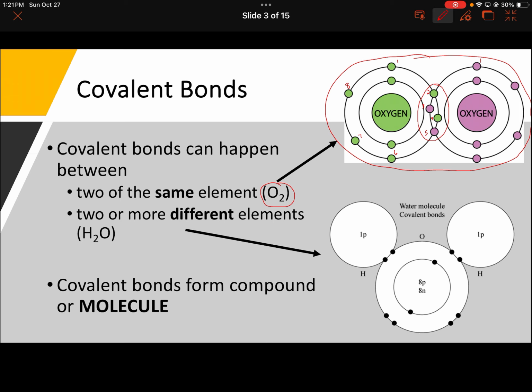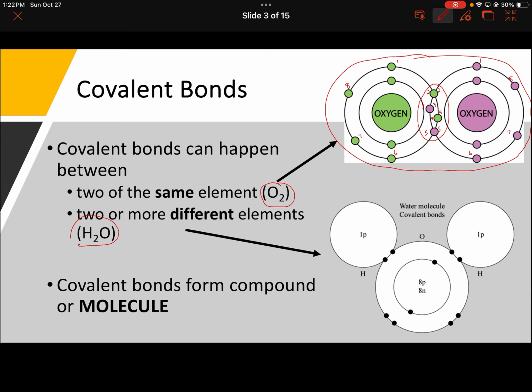And this purplish looking one, 1, 2, 3, 4, 5, 6, 7, 8. And so now by sharing those electrons, that compound, I'm sorry, is now considered stable, and each has a full outer energy level.